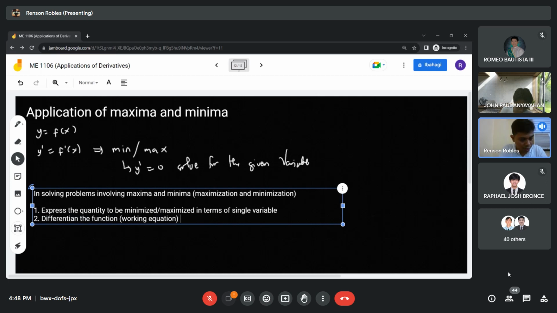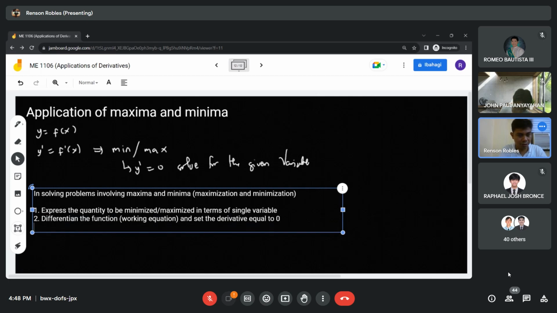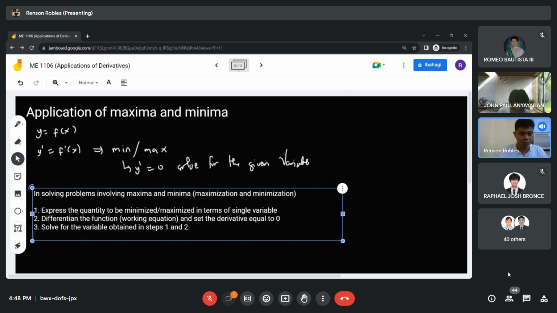And set the derivative equal to 0. Then 3, solve for the variable obtained in steps 1 and 2.